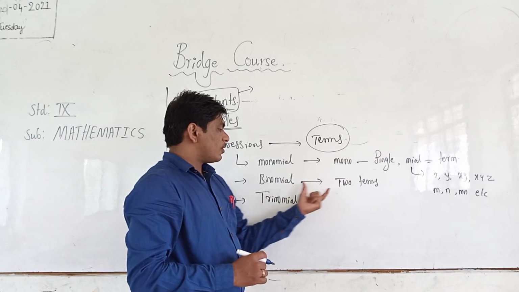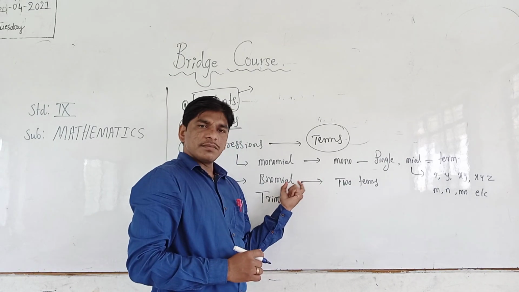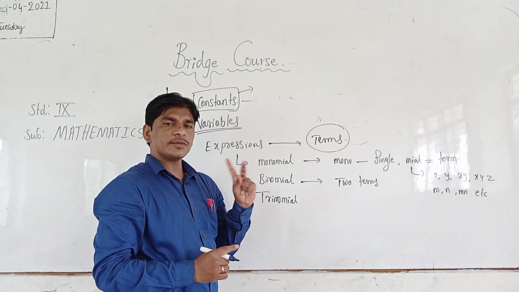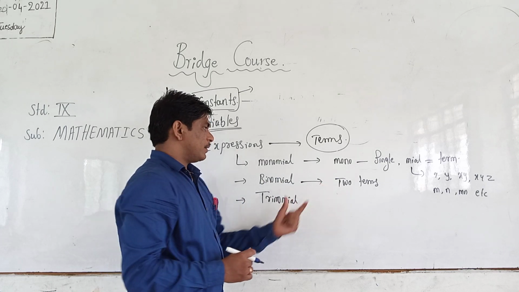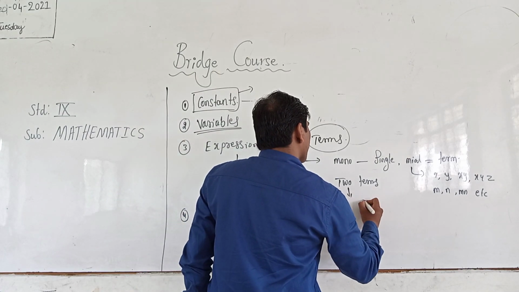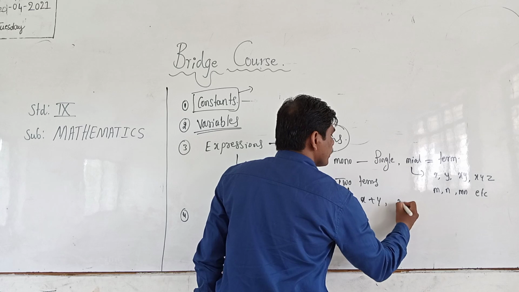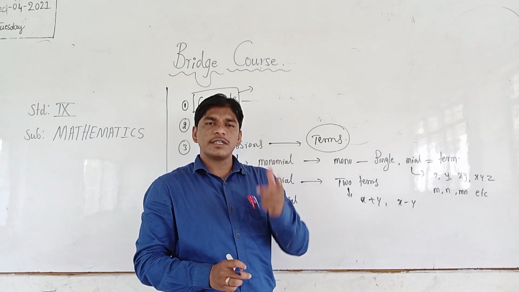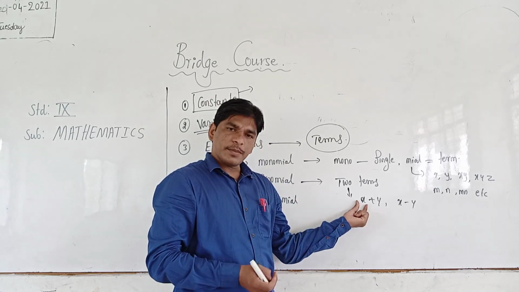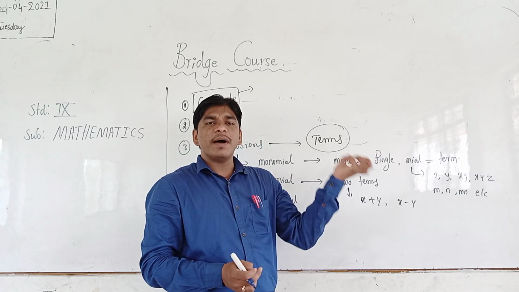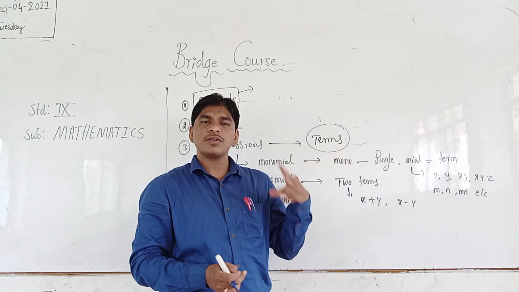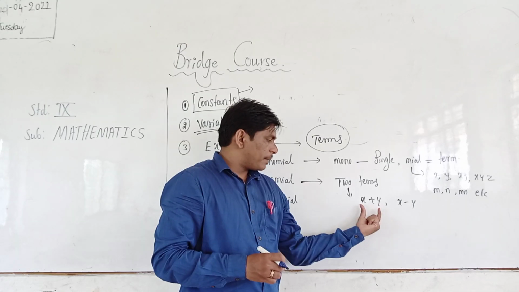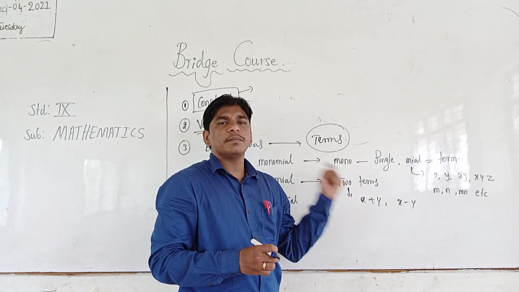Binomial expressions contain two terms. For example, x plus y, or x minus y. In between, a binary operation is used. Binary means addition or subtraction. Addition or subtraction operations are used between the two variables, and that is called a binomial.